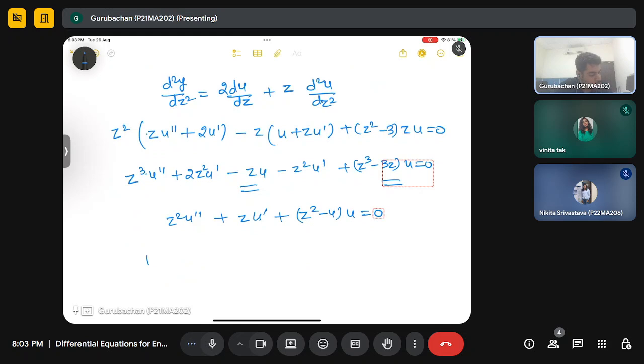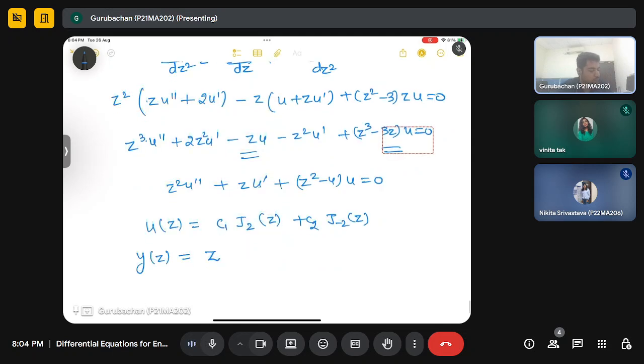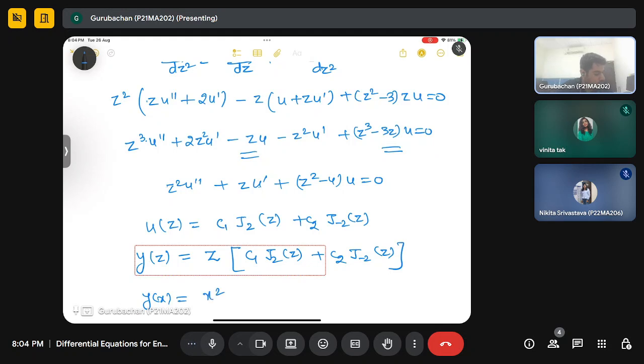And what is its solution? As I told you earlier, u of z will be nothing but some c1 J2 of z plus some c2 J minus 2 of z, and your y of z will be z times u, that is c1 J2 of z plus c2 J minus 2 of z, and y of x will be, since we have taken z as x square, c1 J2 of x square plus c2 J minus 2 of x square.